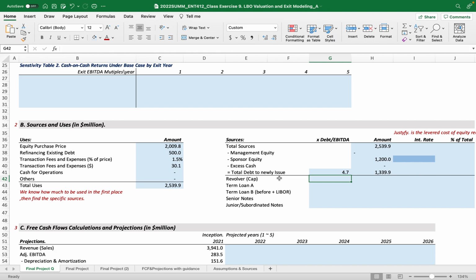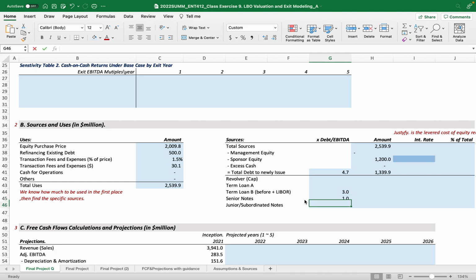Then we'll allocate this 4.7 EBITDA to the tranches here. We have an assumption here. The revolver depends on your preferences or the market trends. Usually the term loan before plus the LIBOR is half or a little bit greater than half of the total debt newly issued, right?